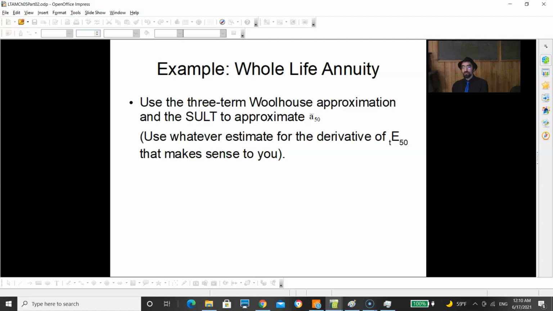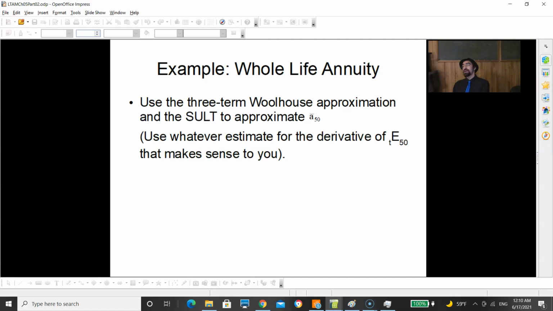What I would do is use the definition that tE50 is l of 50 plus t divided by l of 50, divided by 1 plus i to the power of t.